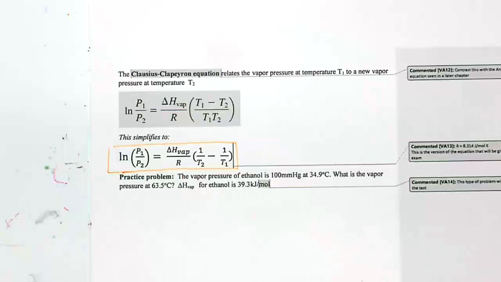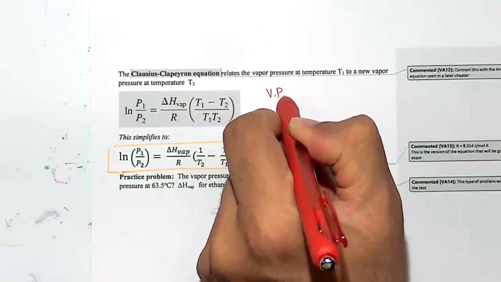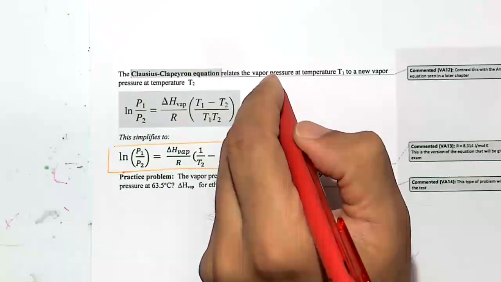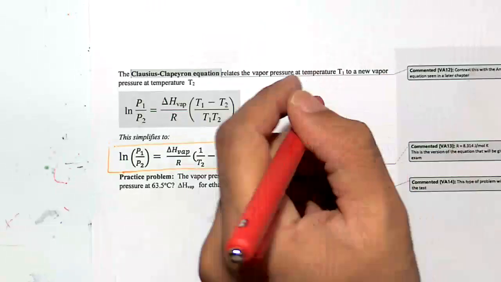Okay. So what does this equation tell us? Remember, vapor pressure is quoted at a specific temperature, right? You raise the temperature, the vapor pressure will change for the substance. You lower the temperature, the vapor pressure for that specific substance will change. The value will change.